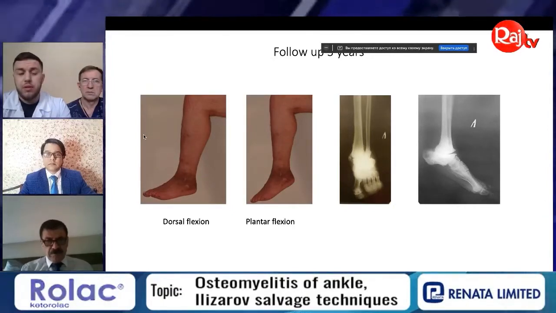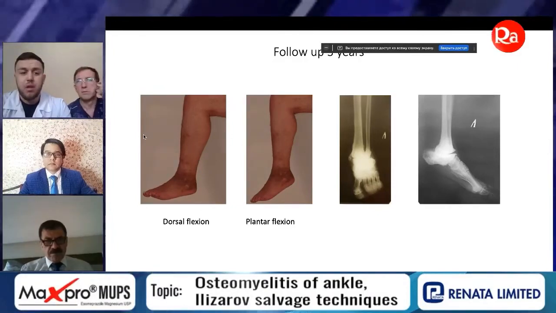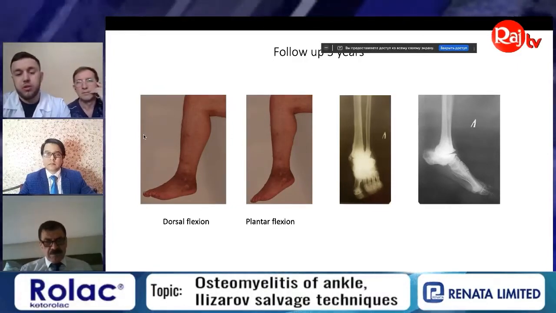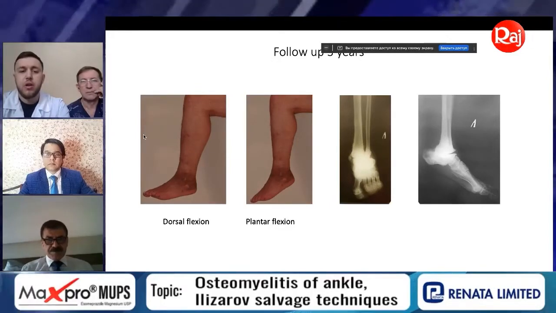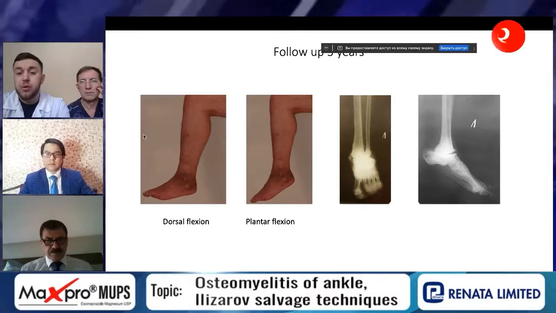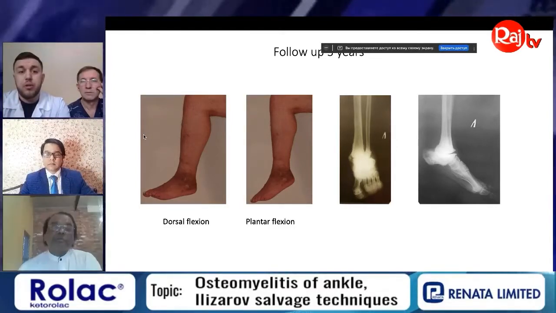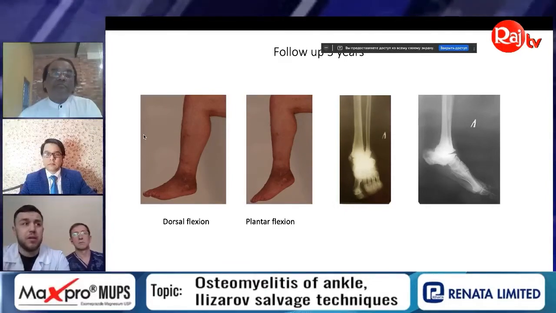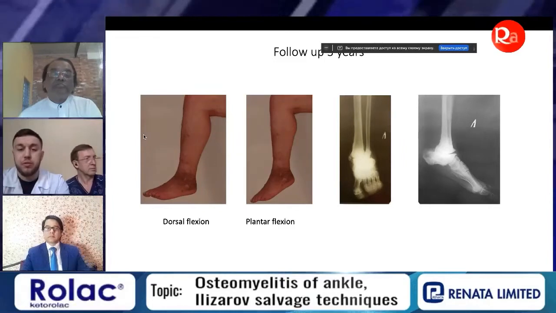But after that, the patient has a function, a very good function, as you can see in that picture. And one important thing, the patient doesn't feel pain and doesn't feel recurrence of inflammation or infection.